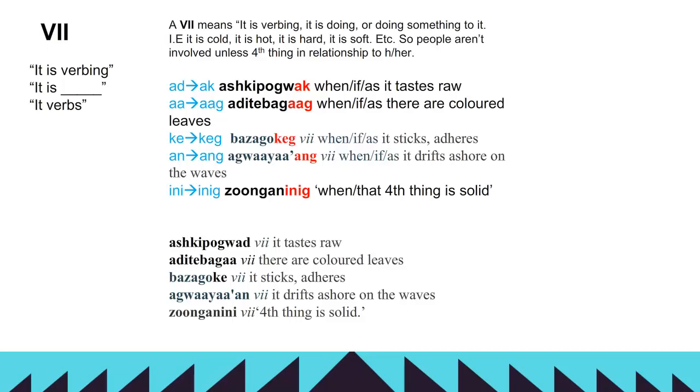The word agwayaan would change to agwayaang. So instead of it drifts ashore on the waves, that would be when it drifts ashore on the waves, or as it drifts ashore, or if it drifts ashore on the waves.